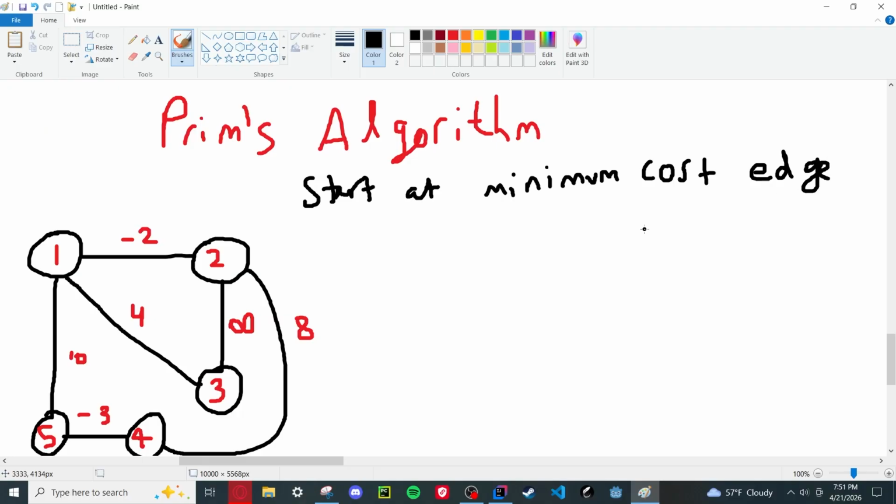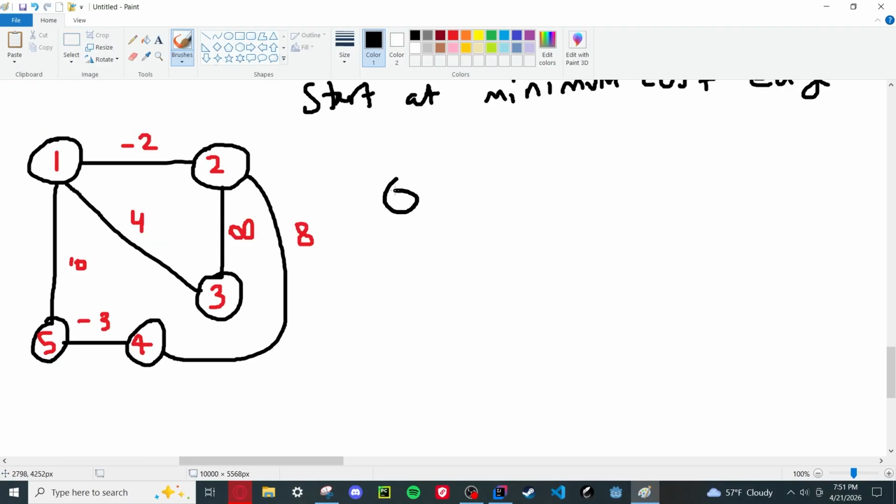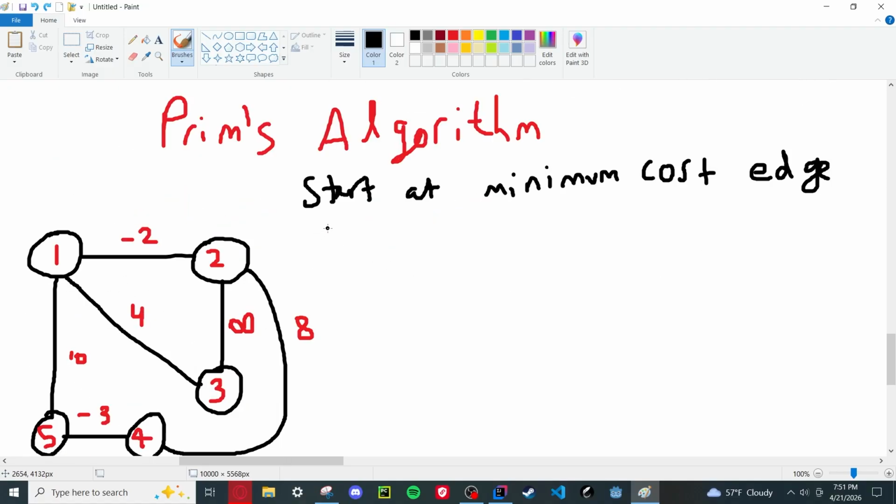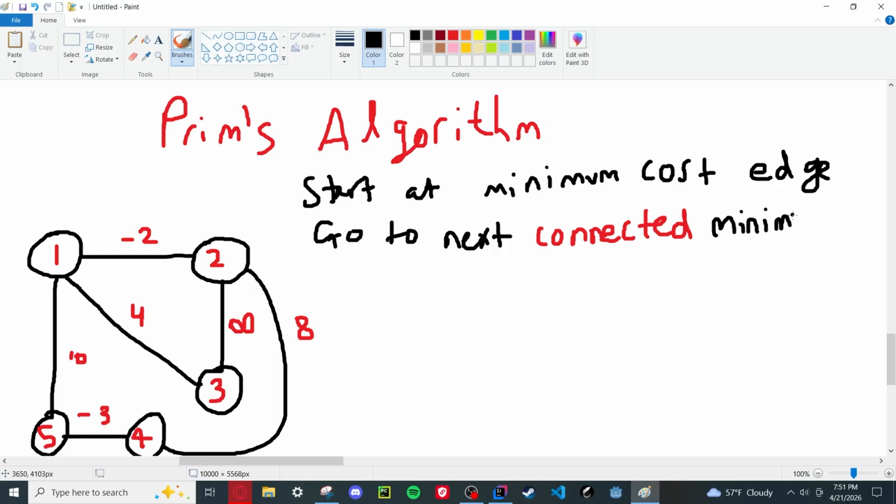What is the minimum cost edge? It's 5 to 4, right? So Prim also says, yeah, you should start here, but then you should go to the next connected minimum cost.